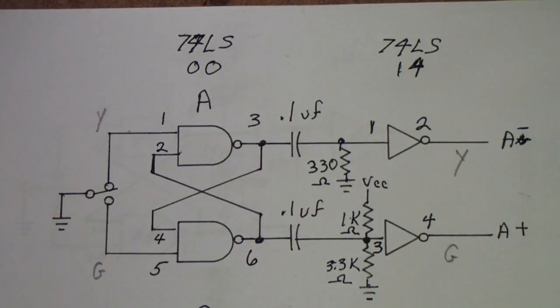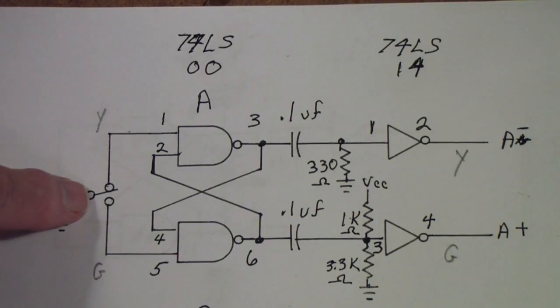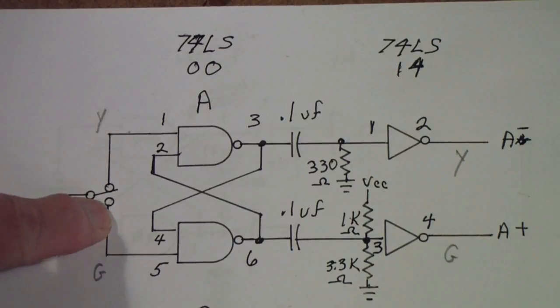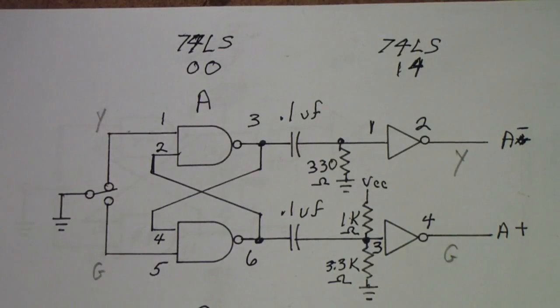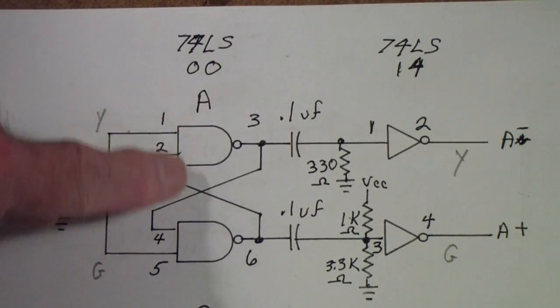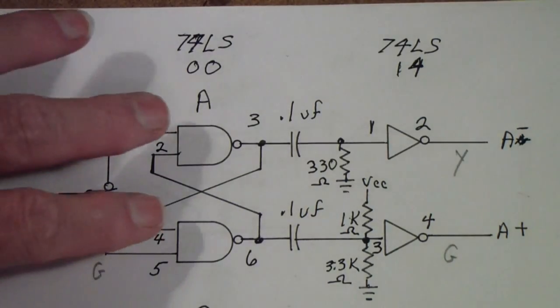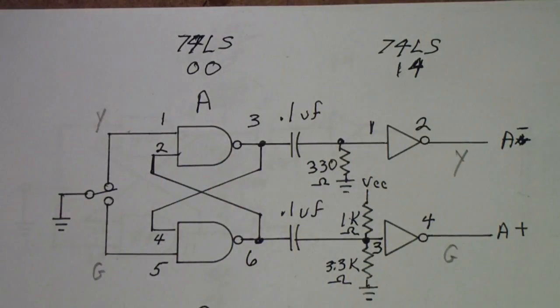This is a simple form of storage that will store the previous position of this switch. In other words, if I switch the switch and then I remove the switch entirely, this cross-connected set of two NAND gates will retain the state.